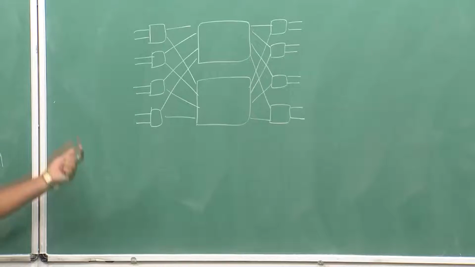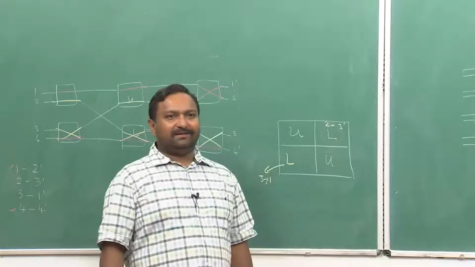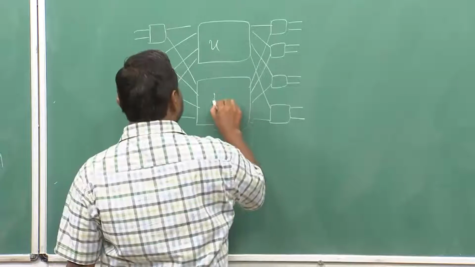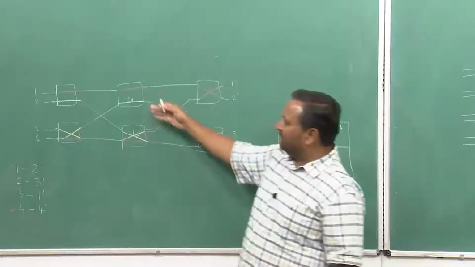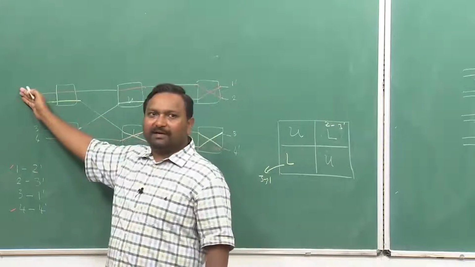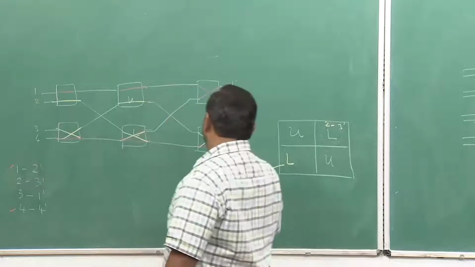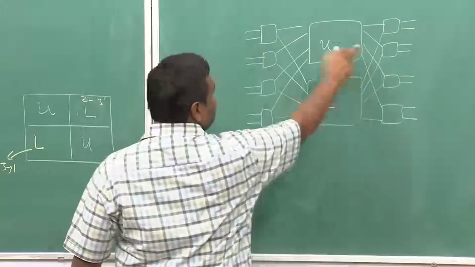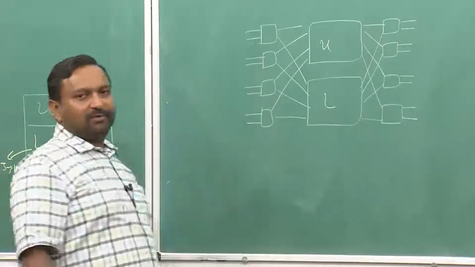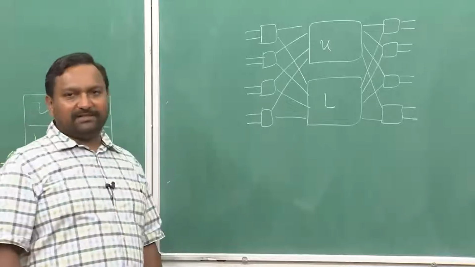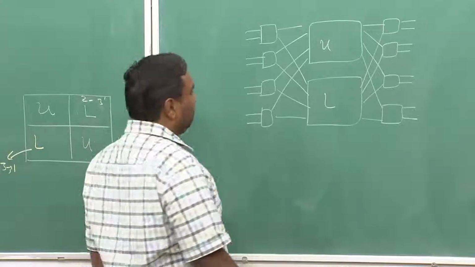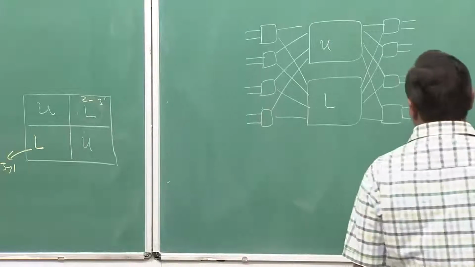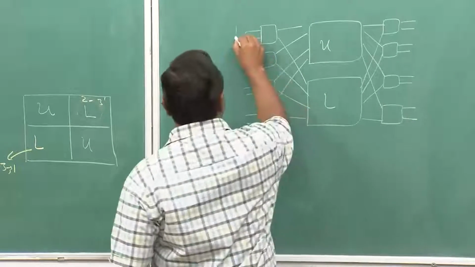So, we have got again an 8 by 8 and it is also rearrangeably non-blocking, you can clearly see. So, this also satisfies that R2 is greater than or equal to M1 or N3. Here also R2 is greater than or equal to the incoming or outgoing ports in the first or third stage, which is 2. So, here if you want to set up some arbitrary connection, I can again use the same thing.